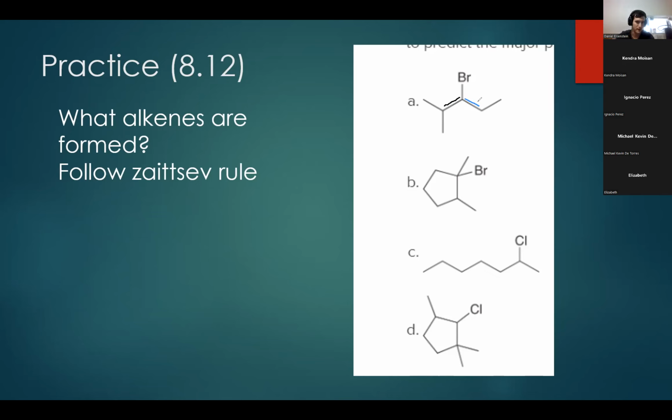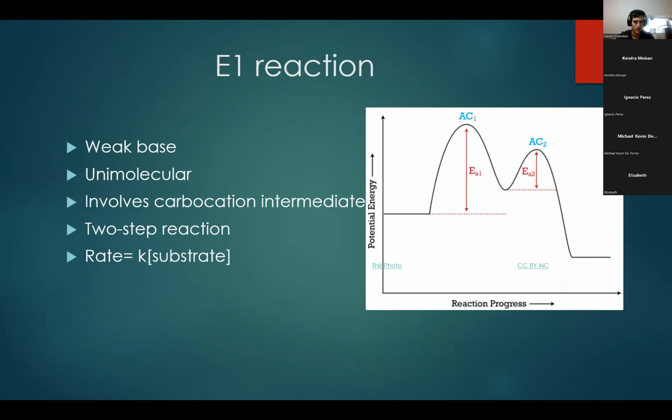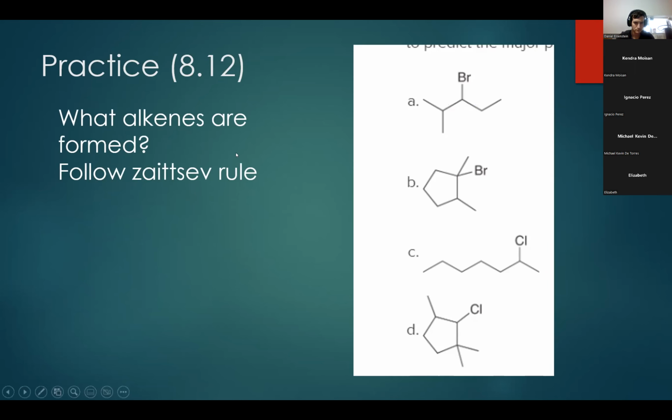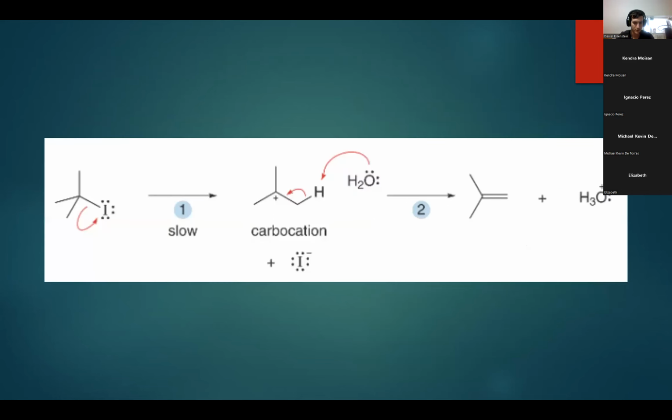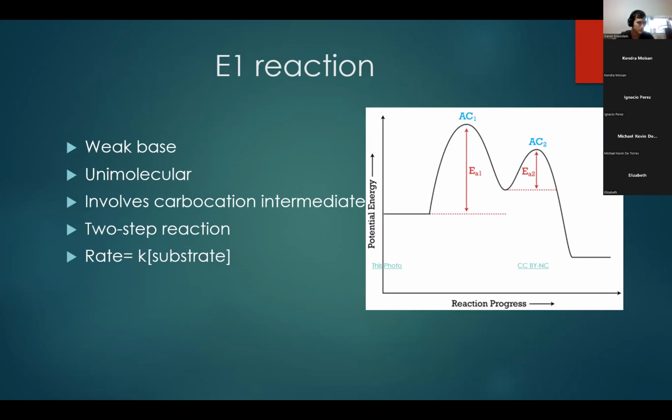Okay, the answer is black. It will go to the more substituted product. Yeah, so that's pretty much it for the E2.